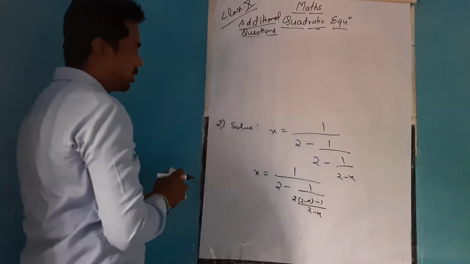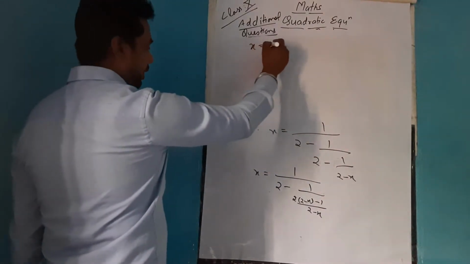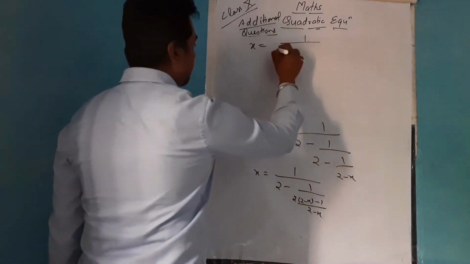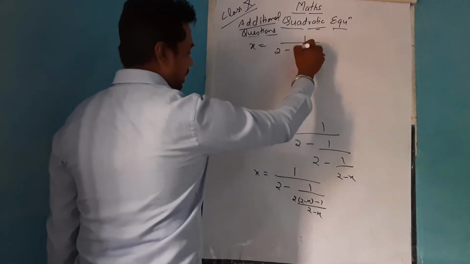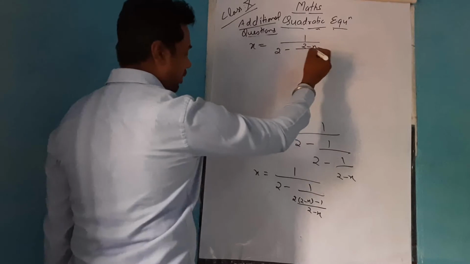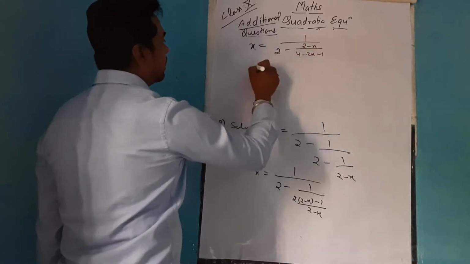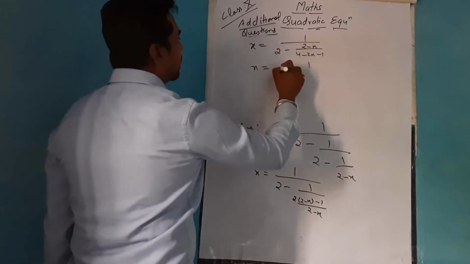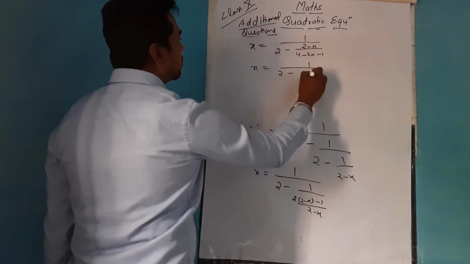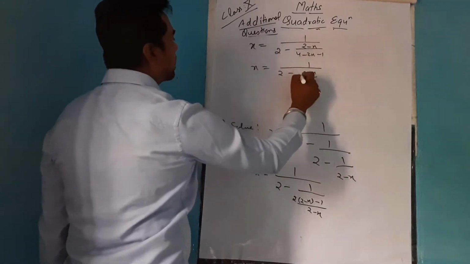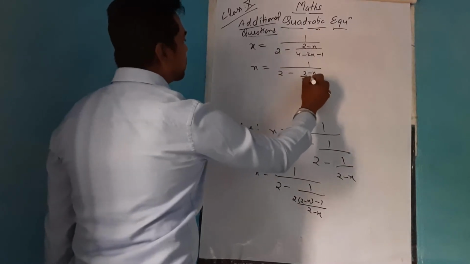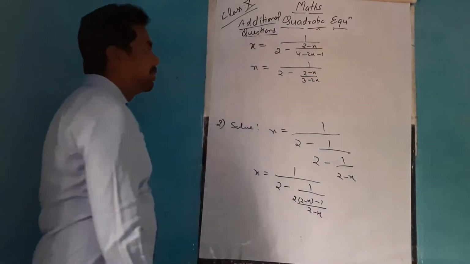When it goes to the numerator, the value of x becomes 1 upon 2 minus (2 minus x) upon, when you open the bracket, 2 times 2 is 4, minus 2x minus 1. So this becomes 1 upon 2 minus (2 minus x) upon 4 minus 1, which is 3 minus 2x. So this will be this part.